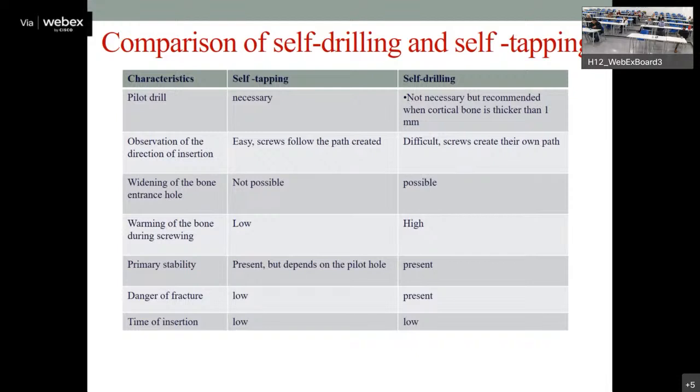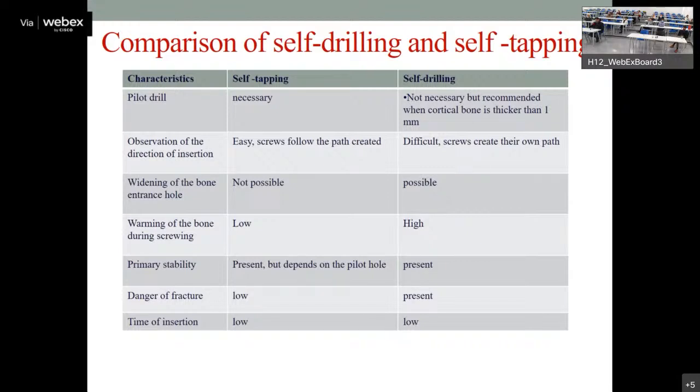Primary stability, it is present in the self-tapping technique, but it depends on the dimension of the pilot hole compared to the screw. Screw has to be larger than the pilot hole, whereas in the self-drilling, usually the primary stability is better. Danger of fracture, it's low in the self-tapping because of the pilot hole, and there is a risk of fracture when using self-drilling technique.